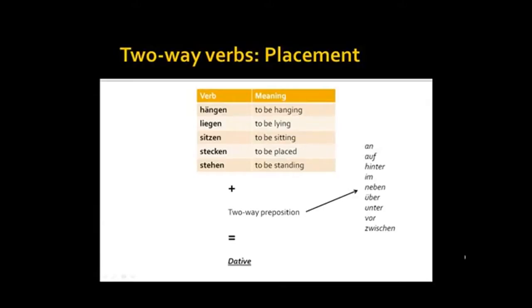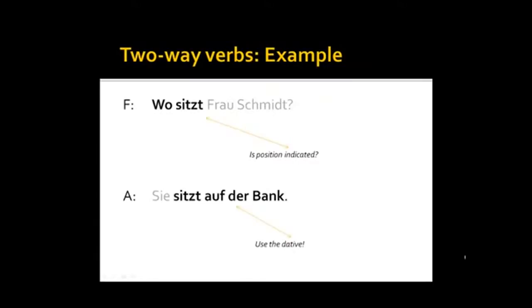So, for instance, returning to Frau Schmidt. Wo sitzt Frau Schmidt? The verb there, sitzen, you'll recall is one of those two-way verbs. It could take either an accusative or dative, depending upon whether I'm talking about motion or position. Now sitzen by itself indicates position.